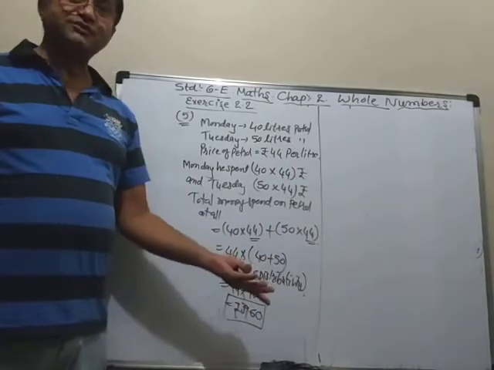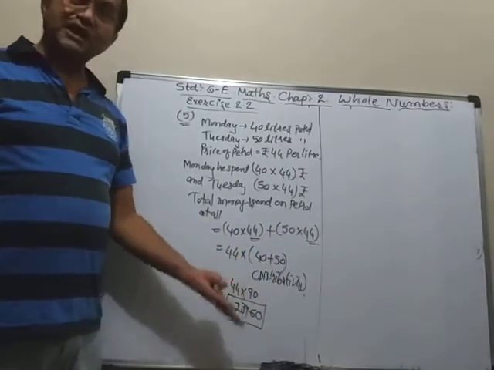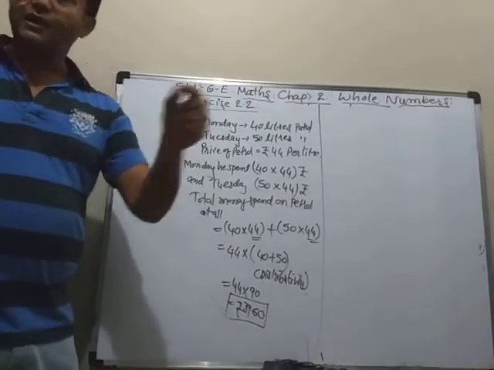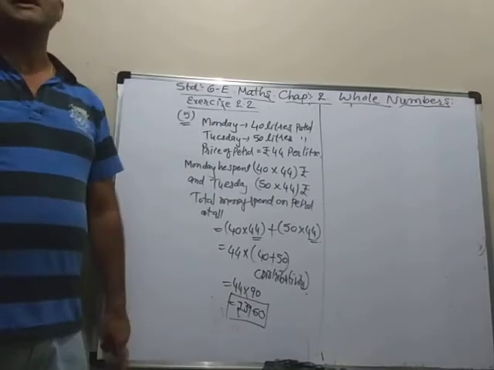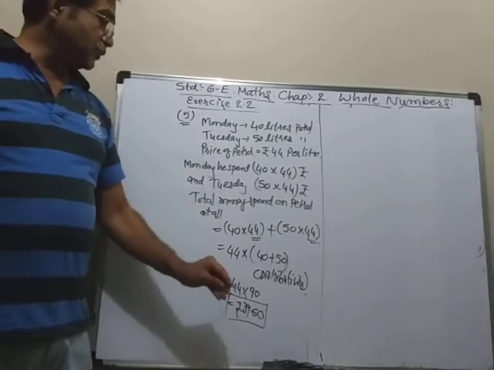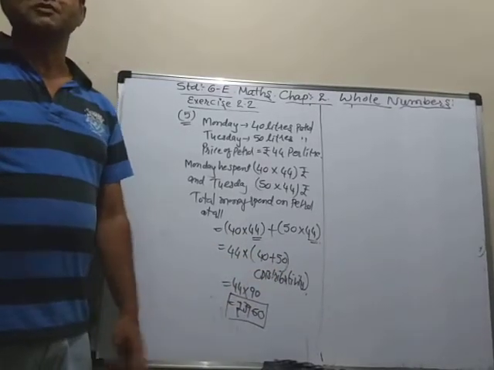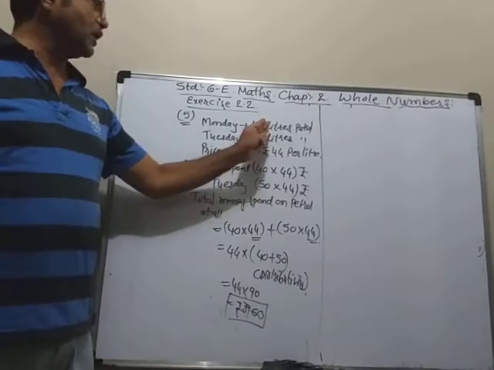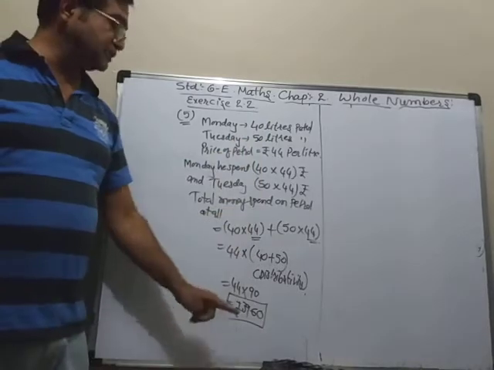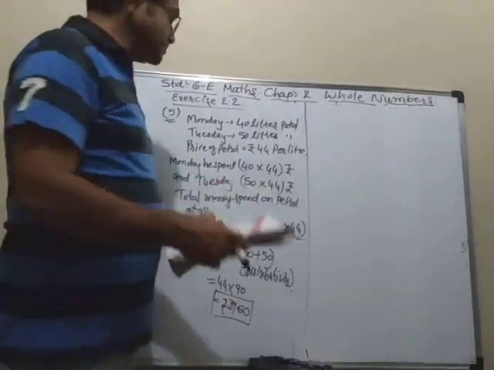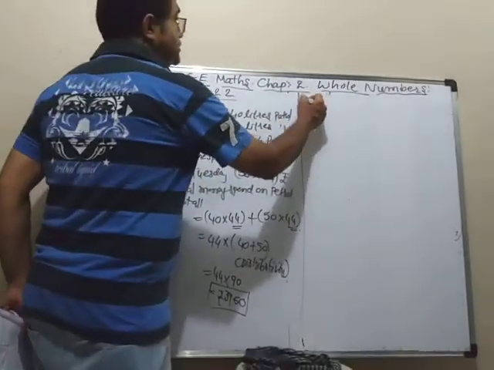So addition is easy, 40 plus 50, 90. And then only multiply 44 by 9 and then put a 0 behind it. And the answer is rupees 3,960. So for 2 days on the petrol, he spent this amount, rupees 3,960.